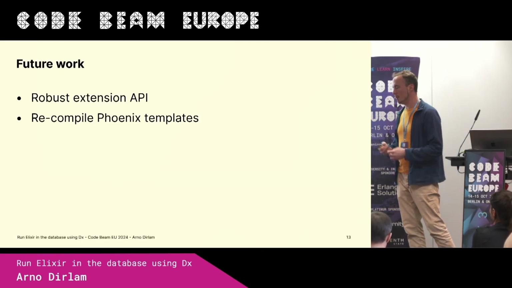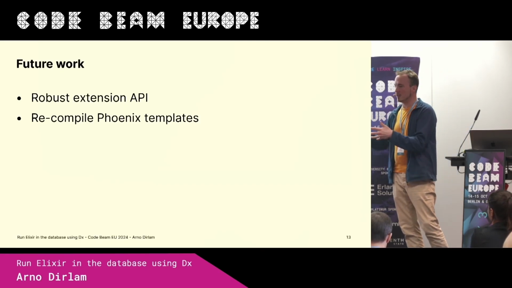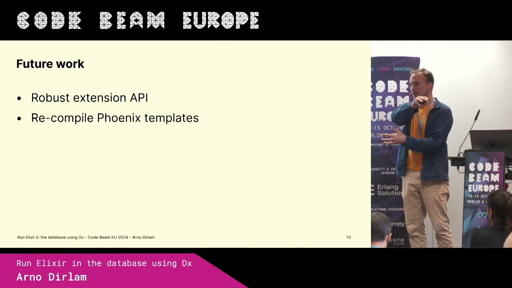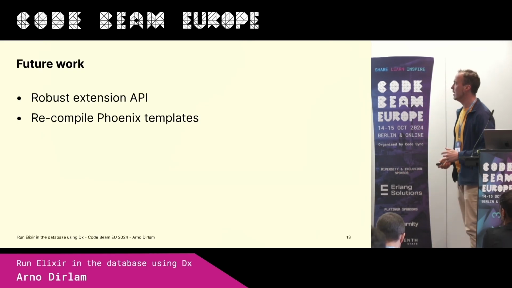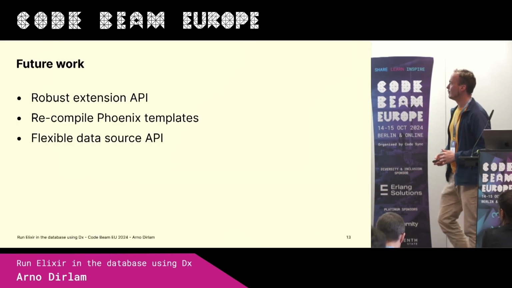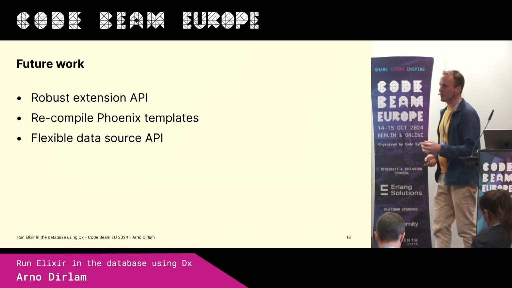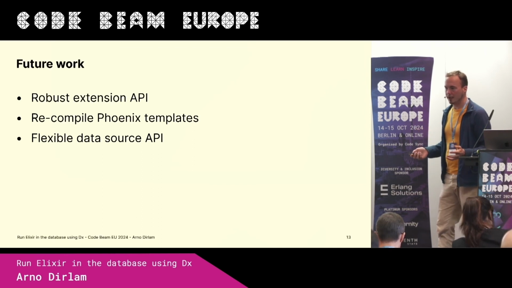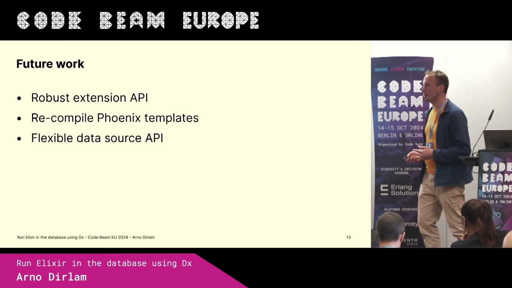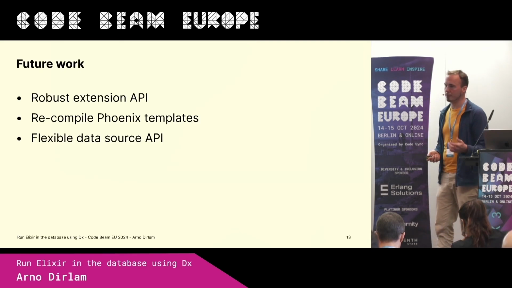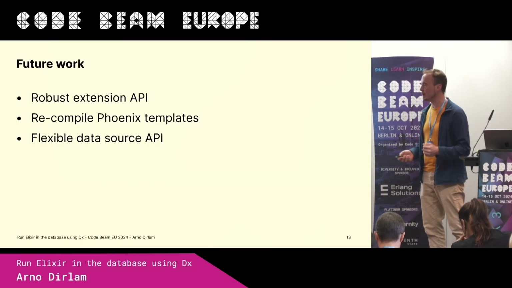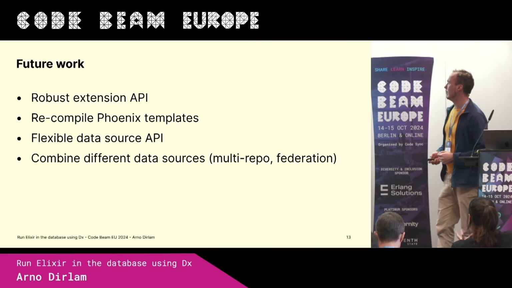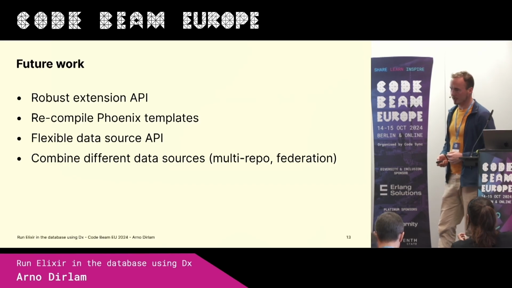Then you would basically define your template, and DX would fetch everything that it needs from the database, put it in your template, and send it out to the client. I think that would be very efficient. And also for data sources, there could be more. Right now, only Ecto is supported. I tested, we're using Postgres, but the livebook is with SQLite. That also works. And maybe combine different data sources in the future.